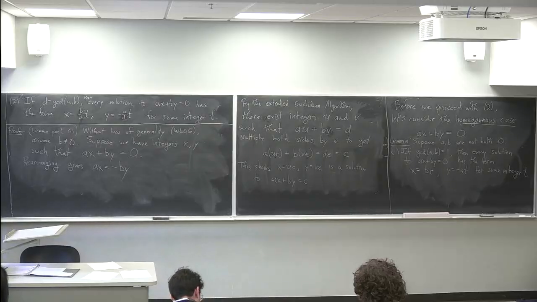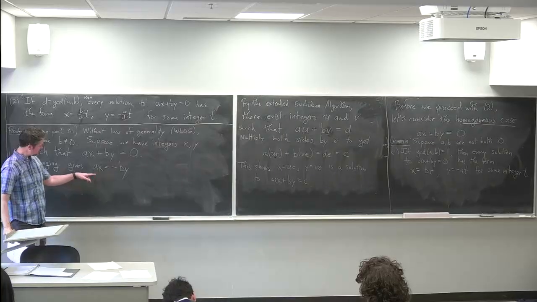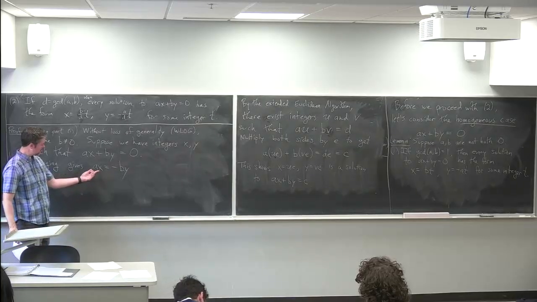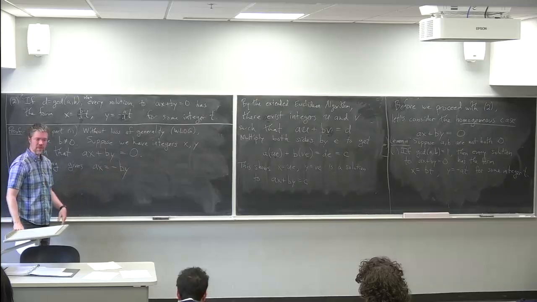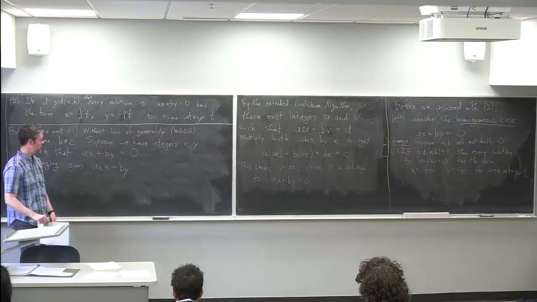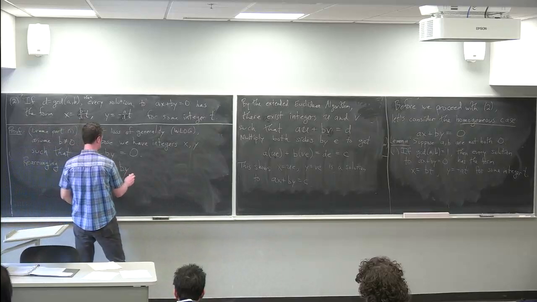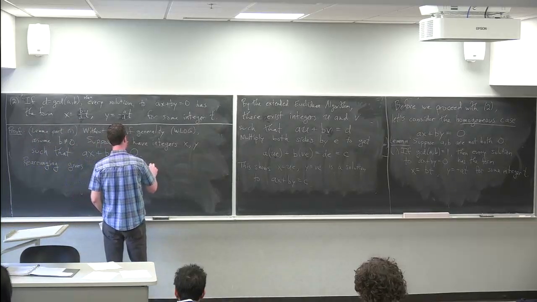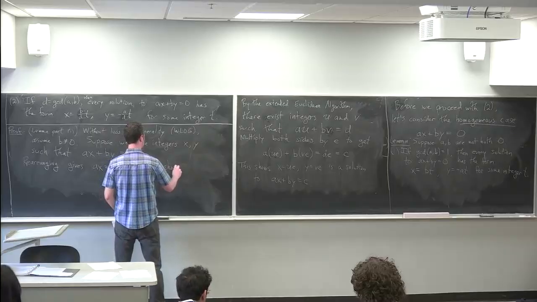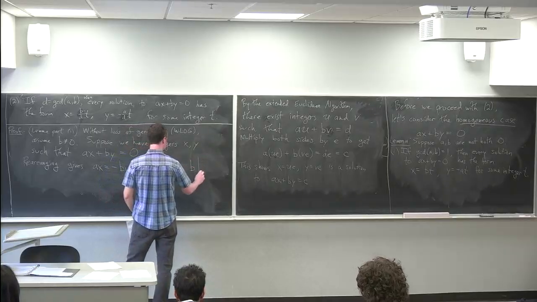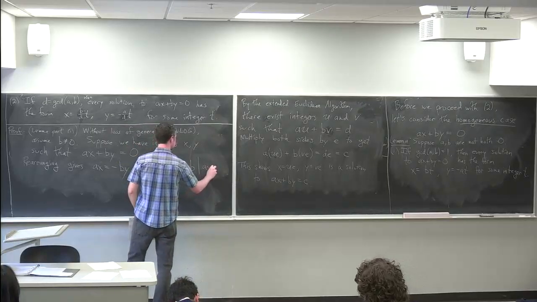Okay, and what that shows us, something kind of significant, is that this left-hand side is divisible by b. Because look, it's a multiple of b. Right, and so b divides ax.